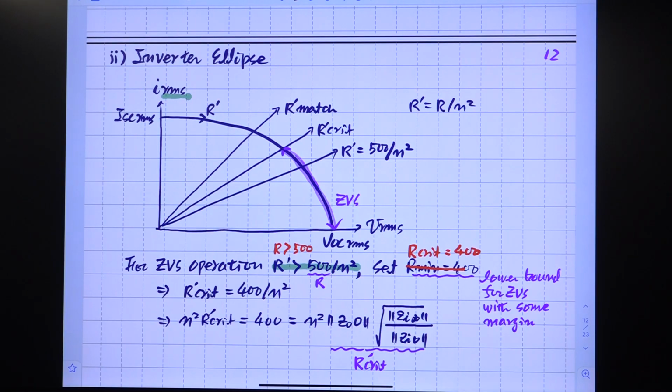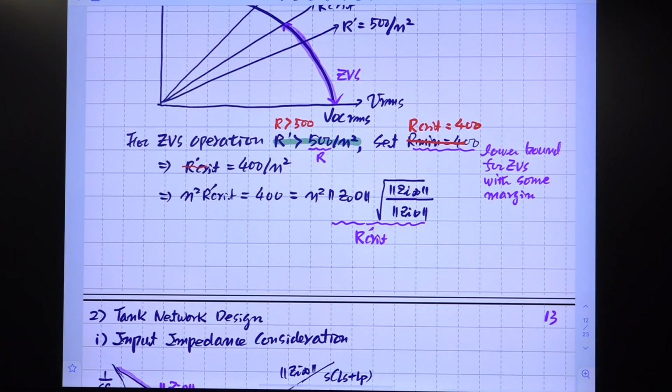Then R critical prime, because later on we'll analyze this circuit in the primary side of the transformer. So it's better to have this R critical prime.